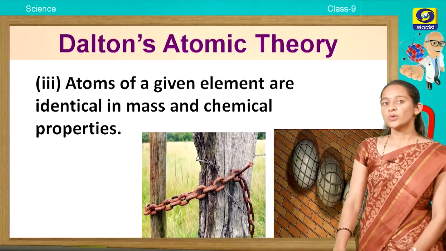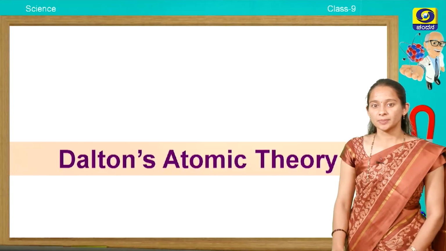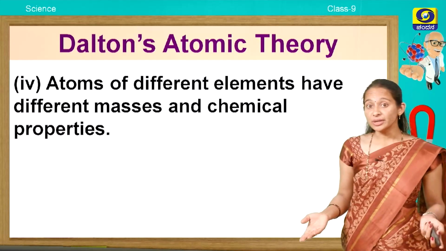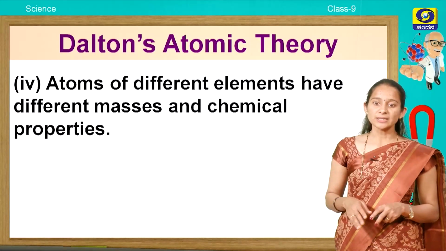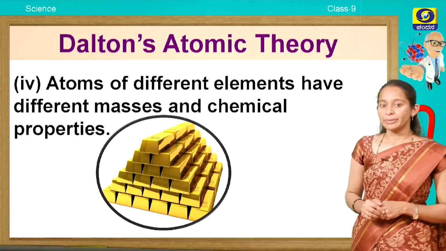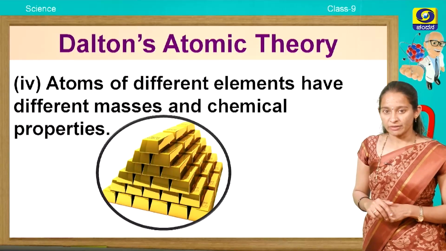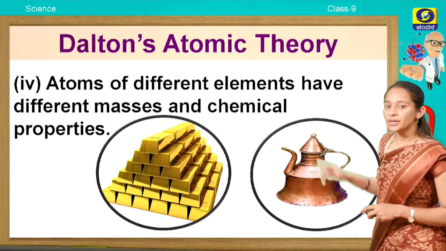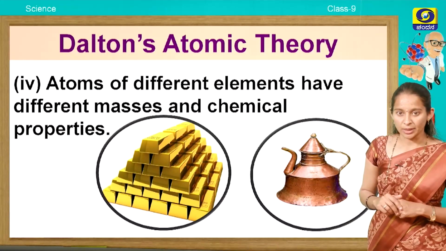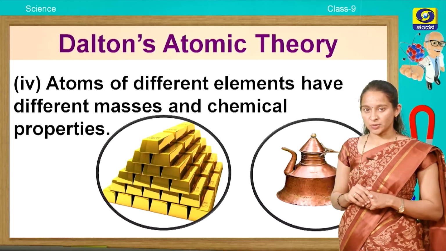Let us now go for the next postulate of Dalton's atomic theory. It states that atoms of different elements have different masses and chemical properties. For example, here an image of gold biscuits is given, and here an image of a copper vessel is given. Gold biscuits are made up of gold atoms.